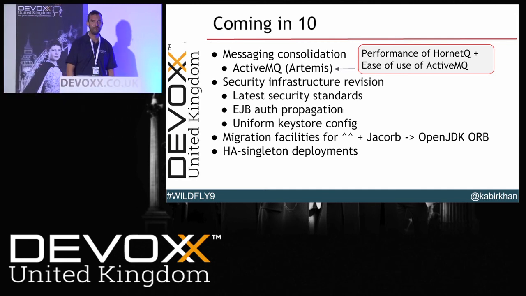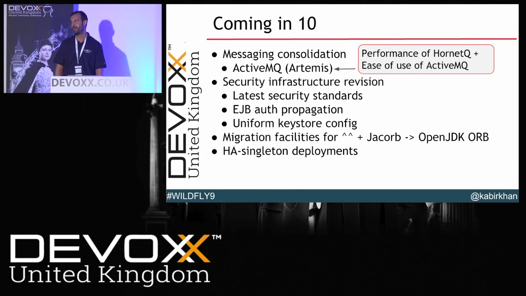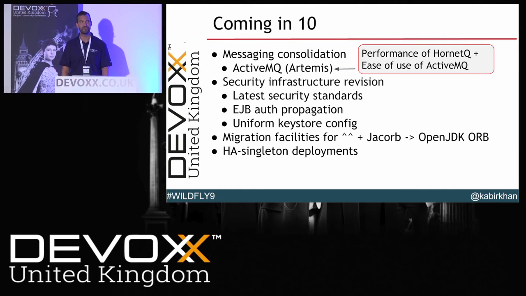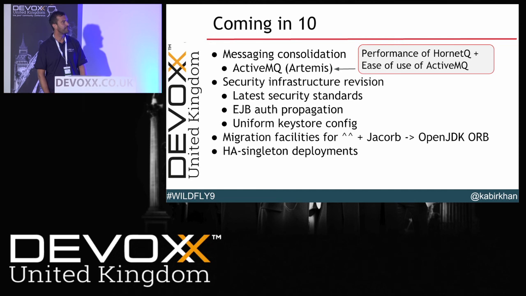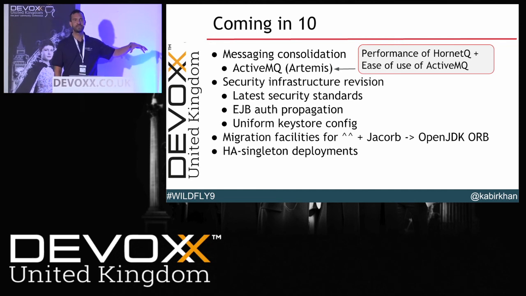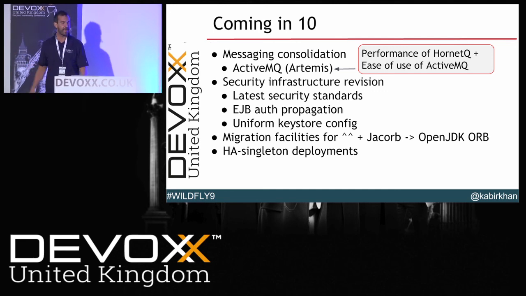There's a limitation to how far you can push this, and you're not really able to support all the latest security standards with this old infrastructure. So we're revising this in 10, so we'll be able to support these latest security standards. We'll also be able to authenticate on the client, make an EJB call to the server, and then propagate this authentication information to calls over EJB to other servers in the back end.